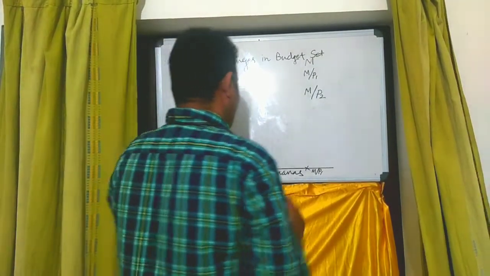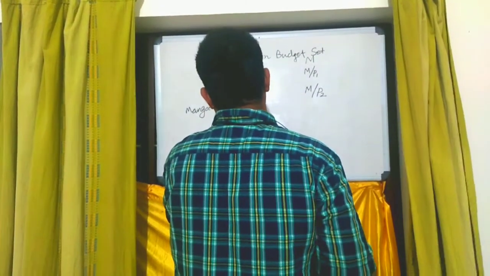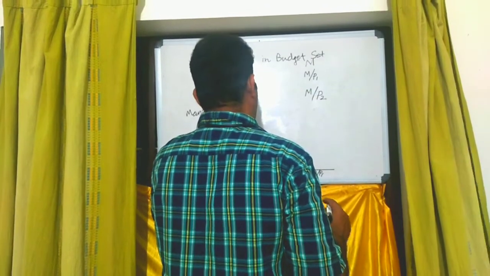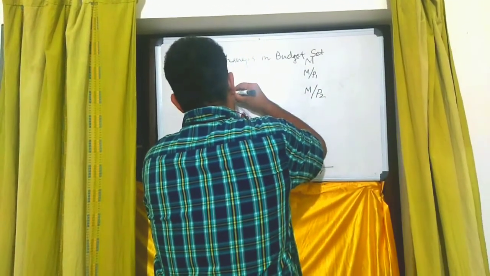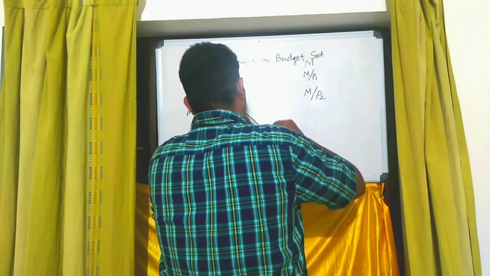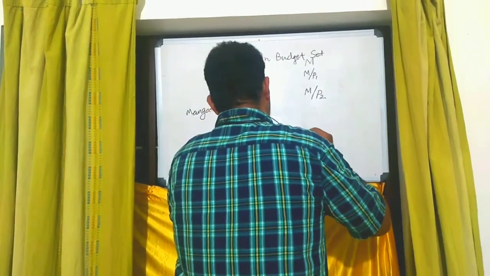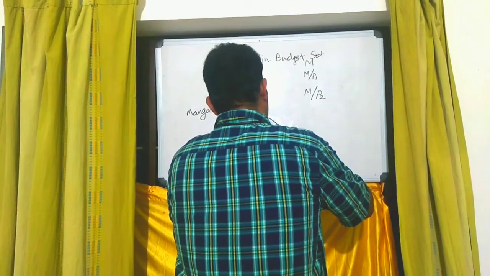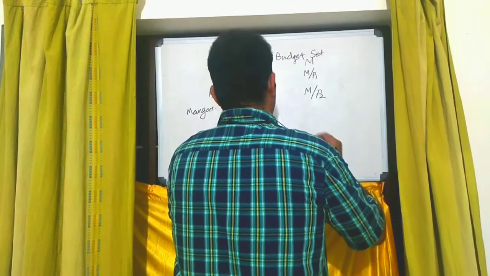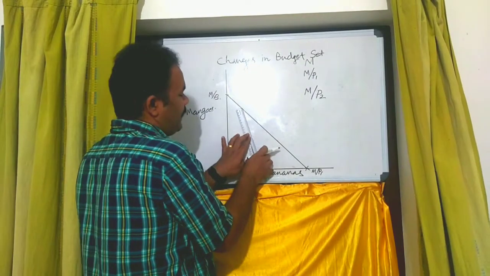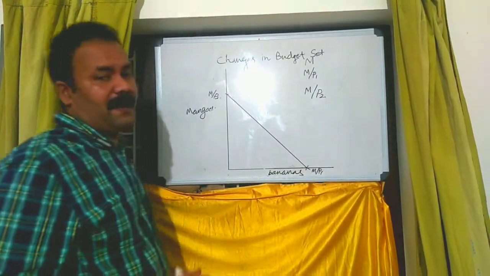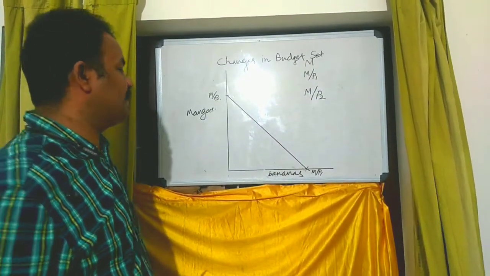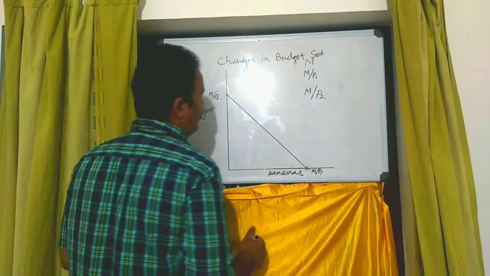By joining these points, we will get a line that is known as the budget line.